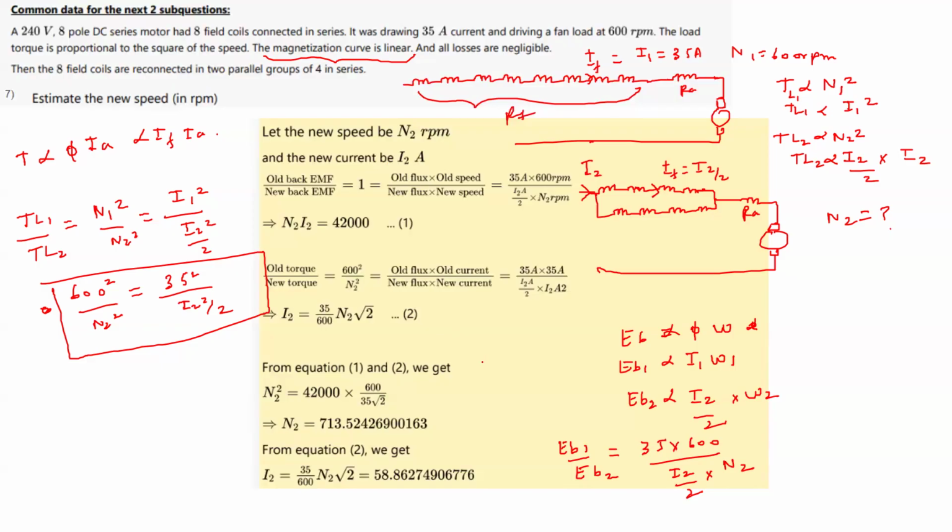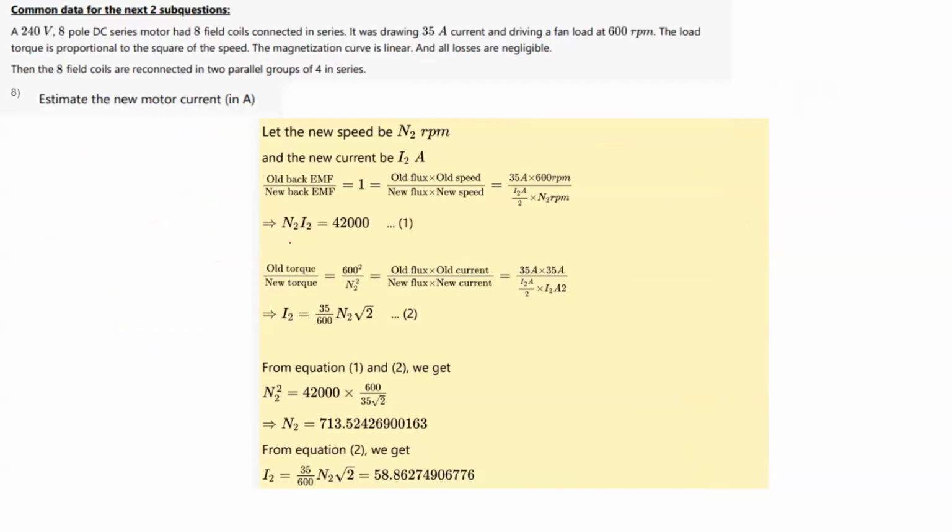In this case, what we are saying is that in the question they should have mentioned somewhere that the back EMF will remain the same. Okay, this information they have not given, but they should have given. But they are using that condition. They should have mentioned that the back EMF in both the cases will remain the same.